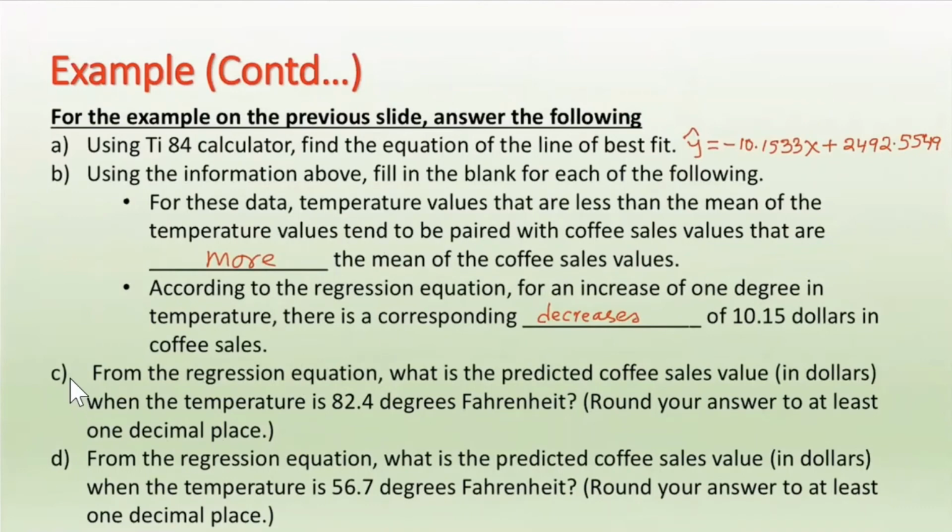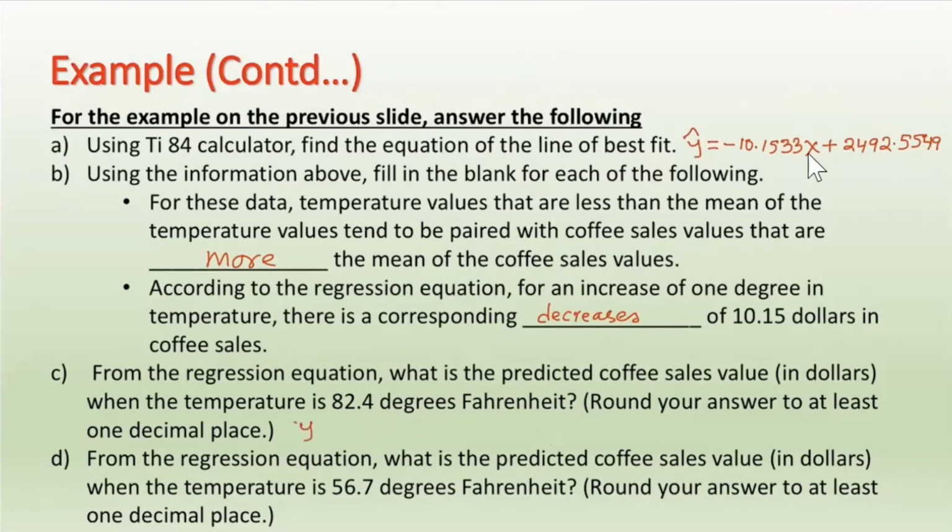Now in C, from the regression equation, our line of best fit: what is the predicted coffee sale value in dollars when the temperature is 82.4? Meaning, when the value of X is 82.4, what is your Y hat? So we are going to plug 82.4 into this equation.